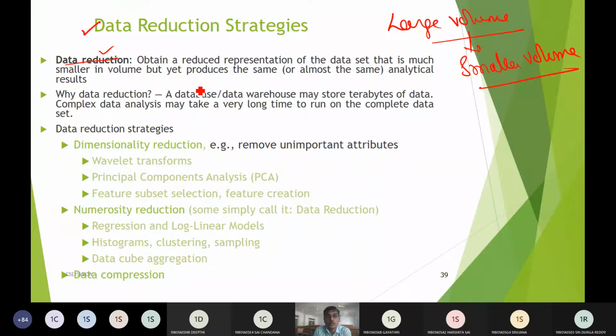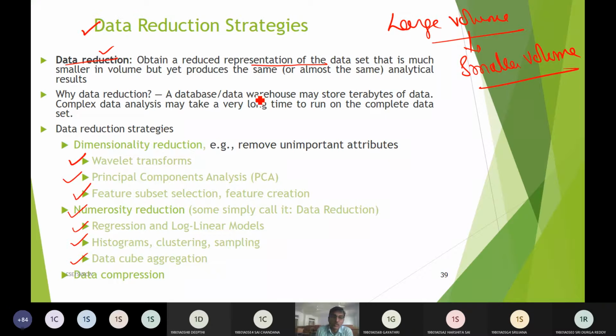We obtain the data reduction techniques: wavelet transformation, principal component analysis, feature subset selection, numerosity reduction, which contains regression and log linear models, histogram with clustering, classification and sampling techniques, and data cube aggregation. These are some of the techniques which are part of data reduction.